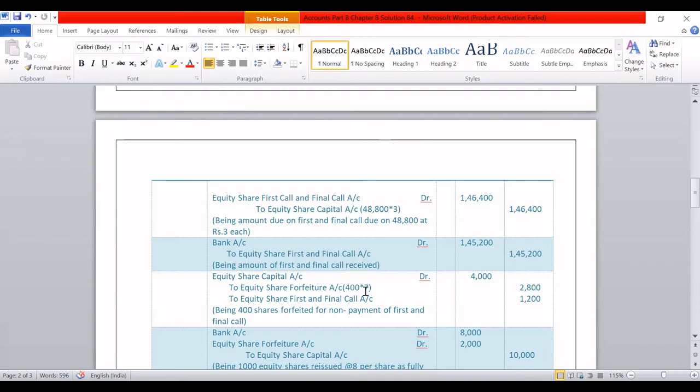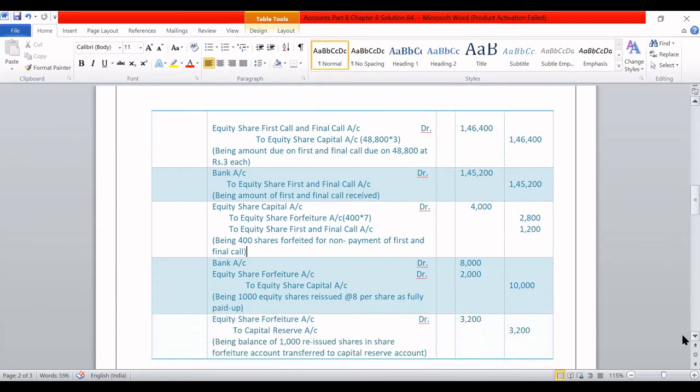So 400 into 7 will give you 2,800, and the equity share capital will be debited to the equity share forfeiture account, 2,800, and the first and final call account 1,200, being 400 shares forfeited for the non-payment of first and final call.